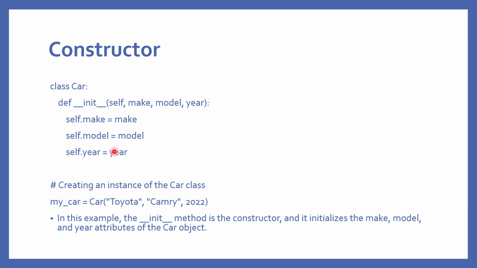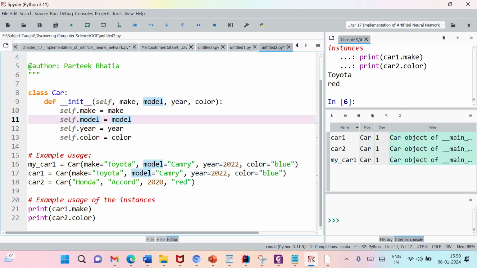Let's move to Python to implement this class Car. So this is the code for the implementation of class Car. Here you can see that I am defining a constructor with double underscore init double underscore, and as I mentioned, the first parameter is self.